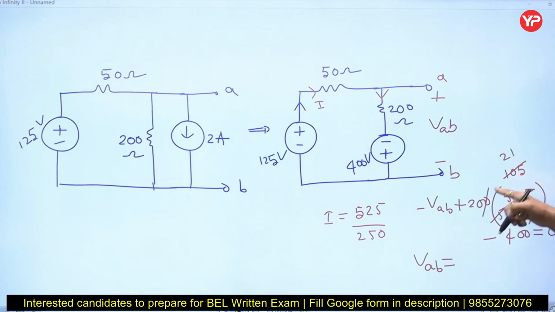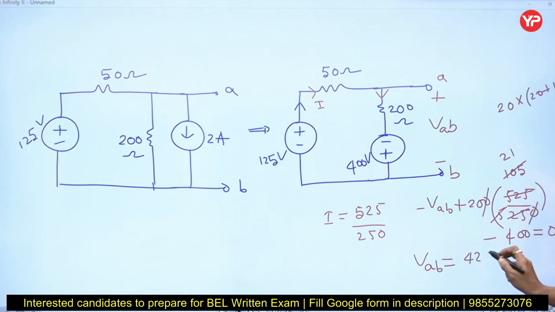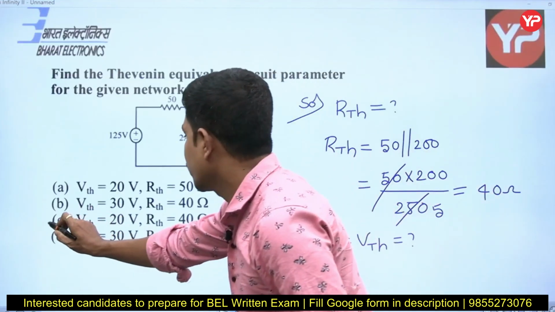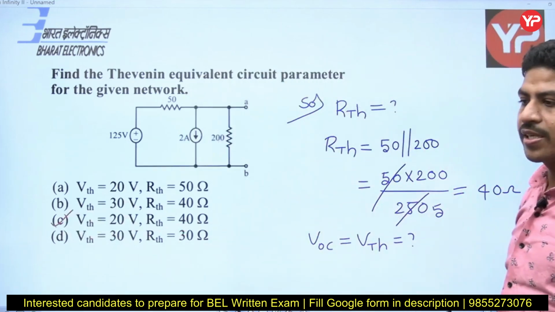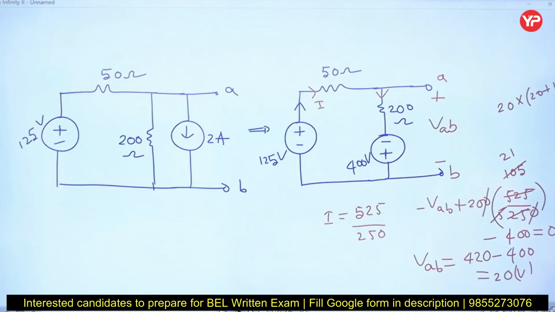So 21 into 20 is 420, so 420 minus 400 is equal to 20 volts. How much is it? 20 volts. Observe here, 20 volts and 40 ohms. Option is C, right? Let's go to the next question.